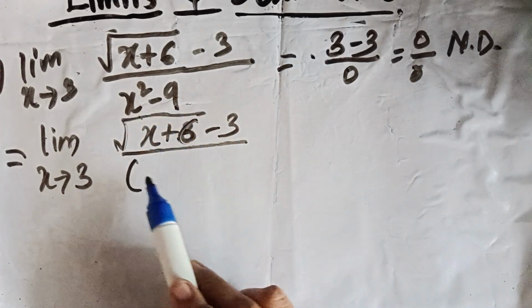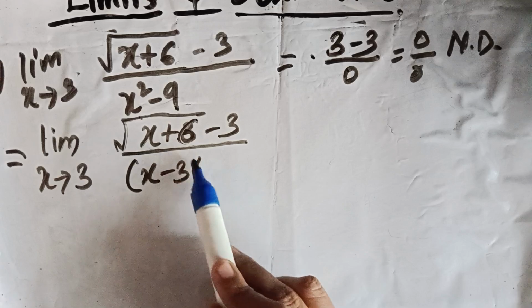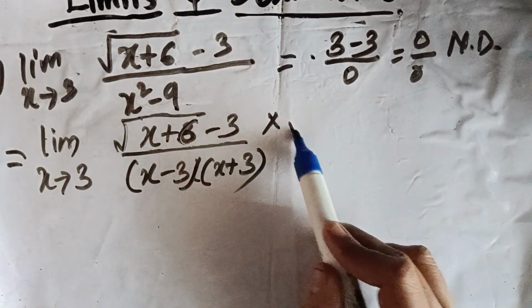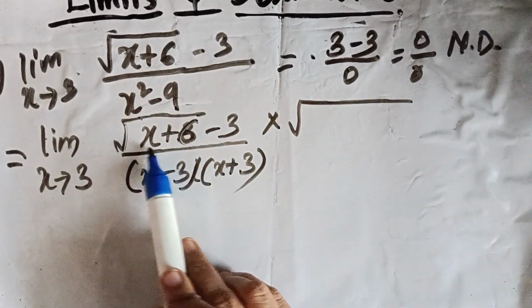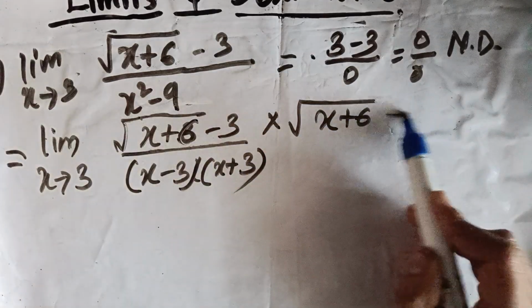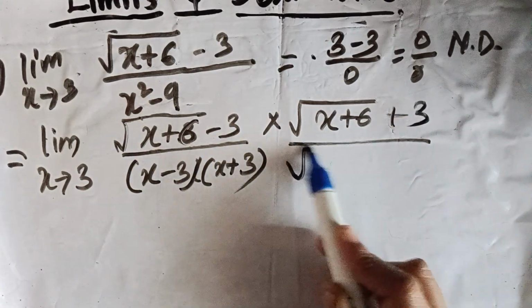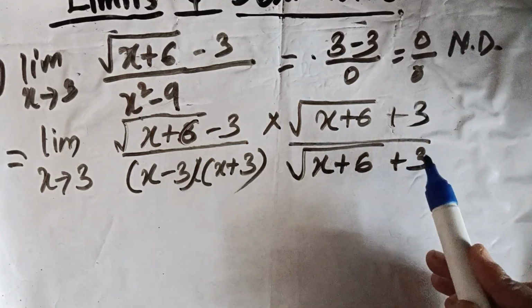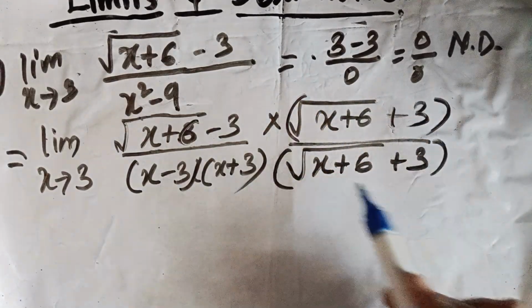x square minus 9, we can write x minus 3, x plus 3. Okay. Now the rationalizing term. That is, you have to take root of x plus 6 plus 3 in the numerator and in the denominator. It is outside of that root.